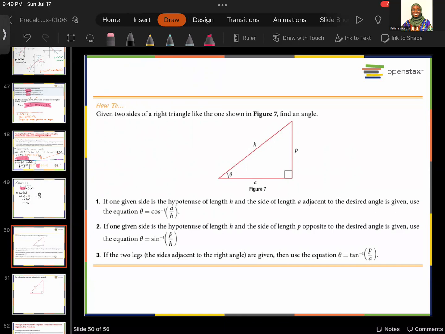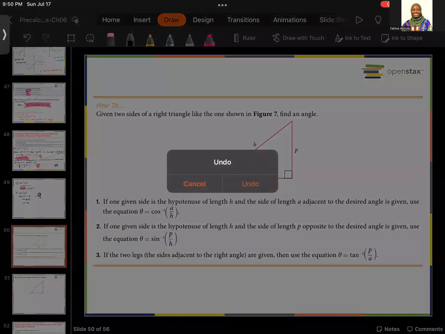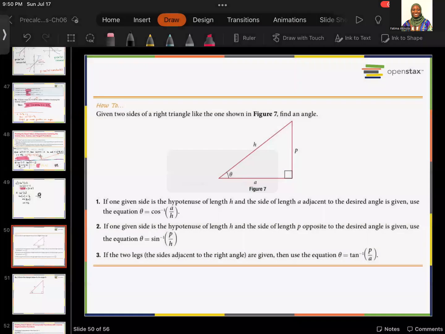So I would avoid questions that have you use a calculator, and you would also not have questions like that on the exam. But right now we're going to be looking at how, given the sides of a right angle triangle, we can find the angle using the inverse function.